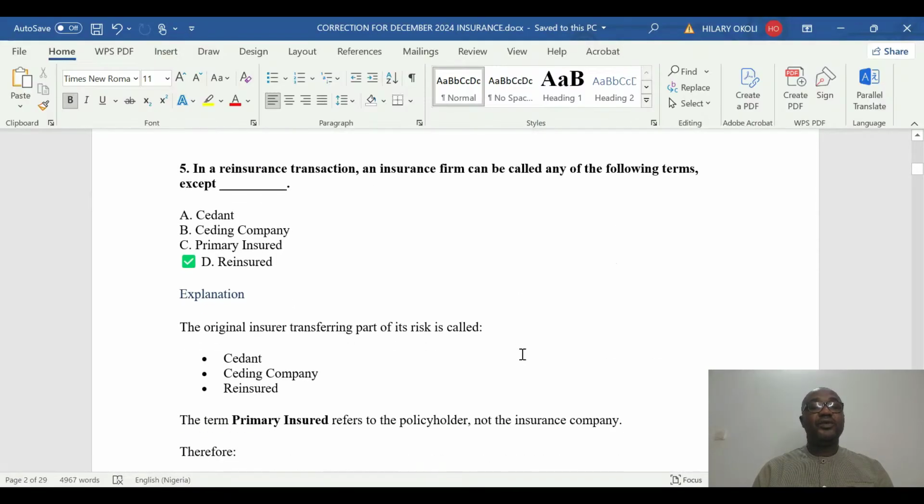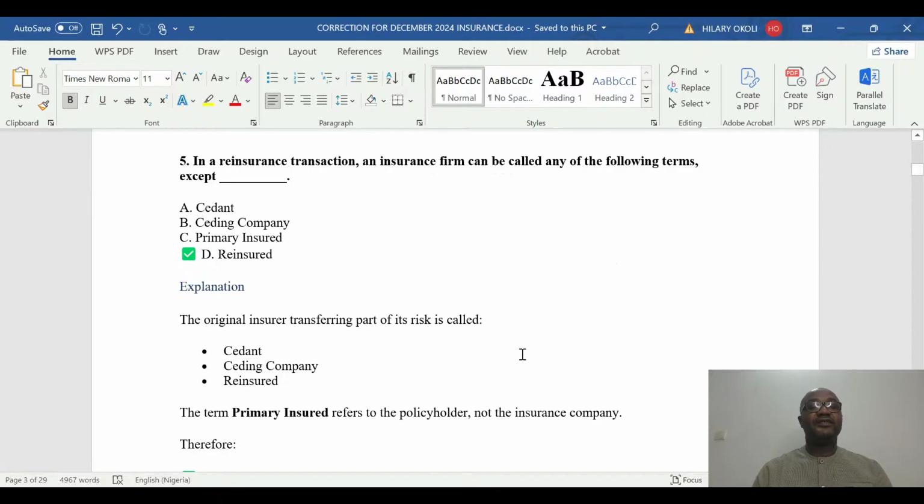the next question. We are saying in a reinsurance transaction, an insurance firm can be called any of the following terms, except. We did mention the issue of except, the issue of negation. Be very careful. The issue of negation should be considered very well in our thought processes.